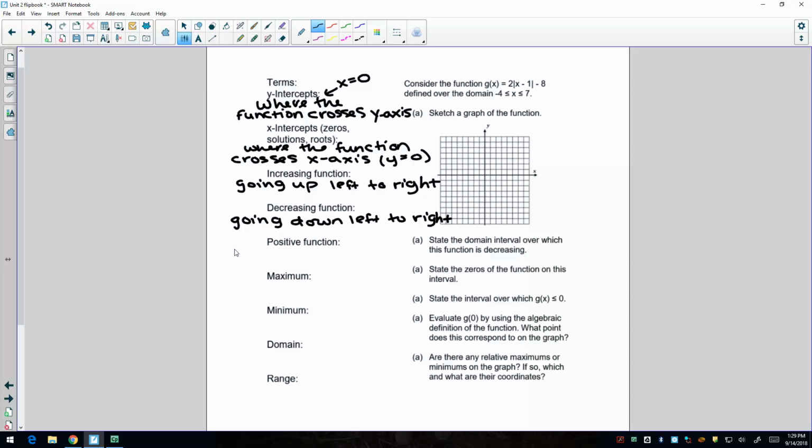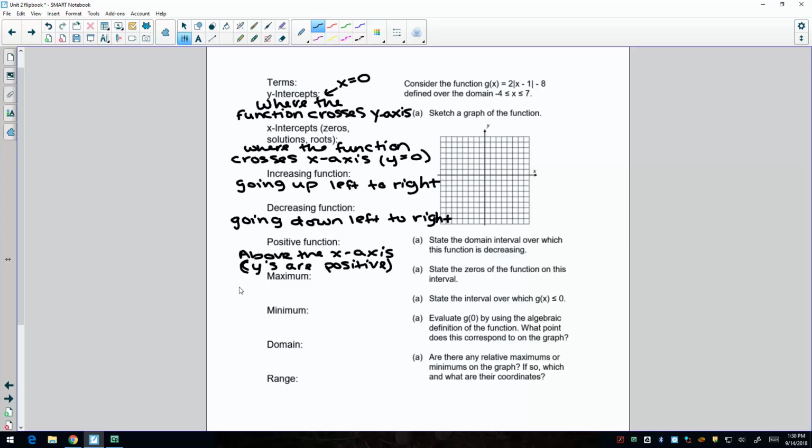A positive function could be both, positive or negative, but it will be positive where it is above the x-axis, because above the x-axis, all of the y values are positive. If they ask when is the function negative, you're going to look for when it is below the x-axis. That's where all the y's are negative.